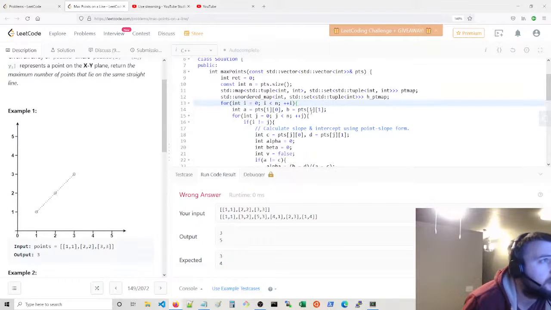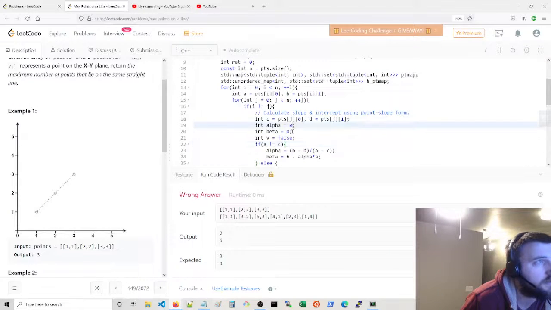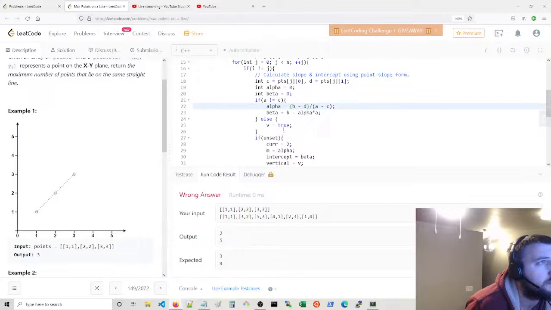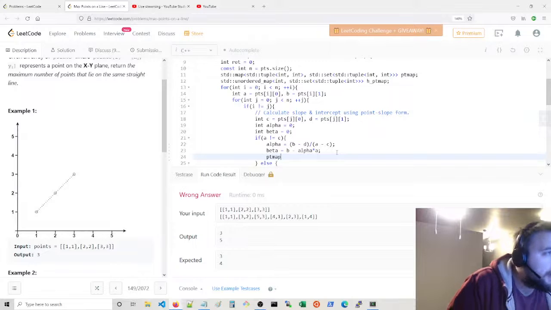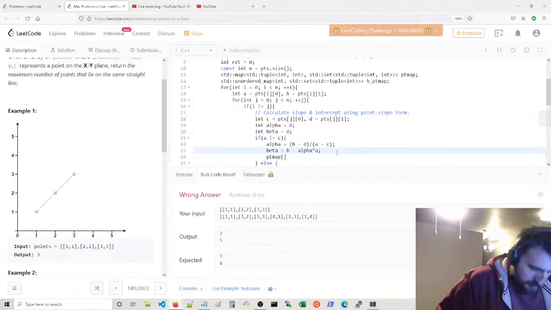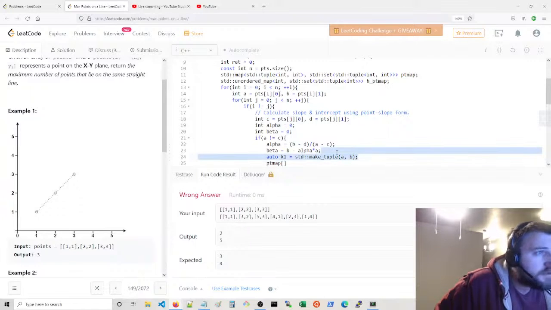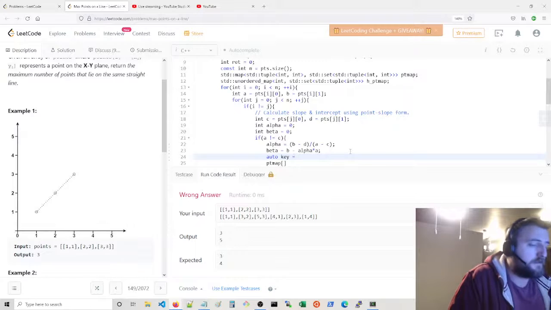So we have A and B, we have C and D, and if A is not equal to C, we can calculate alpha and beta, and we can say point map dot insert, or point map of key, say auto key 1 or k1 is going to be make tuple of A and B. Key 2, excuse me, actually the key is going to be the slope.